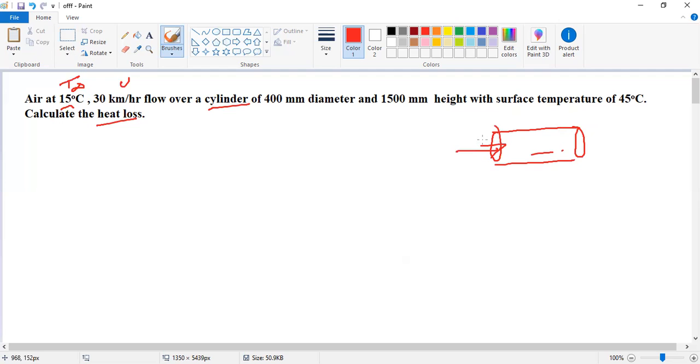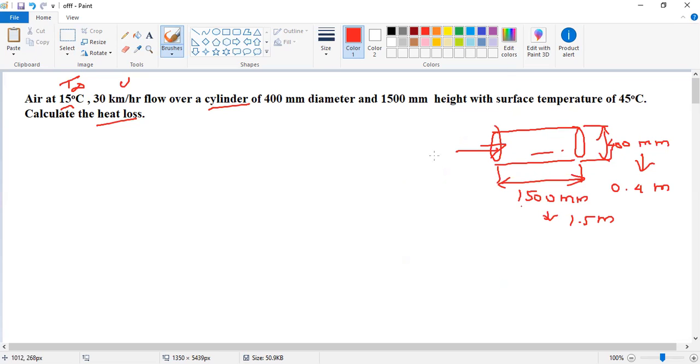the diameter is 400 mm. Okay, so it is converted into 0.4 meter. And the height, so length or height, it is a horizontal position, we take it as vertical, that is height, 1500 millimeter, we convert it into meter, that is 1.5 meter.